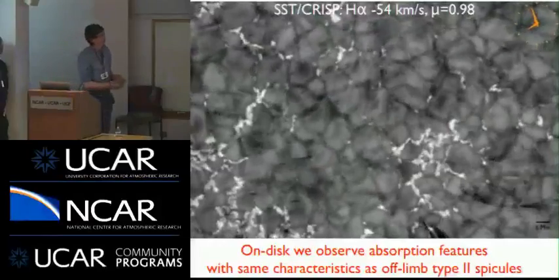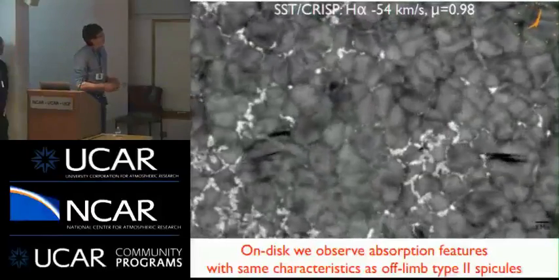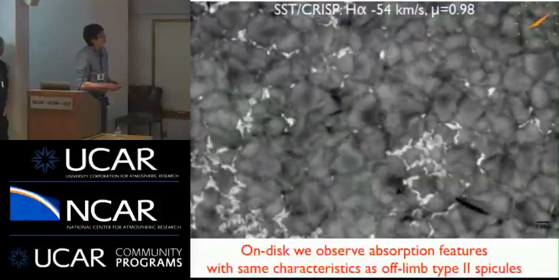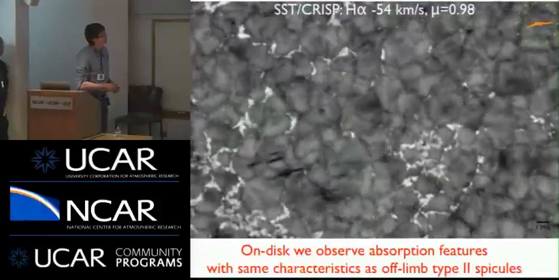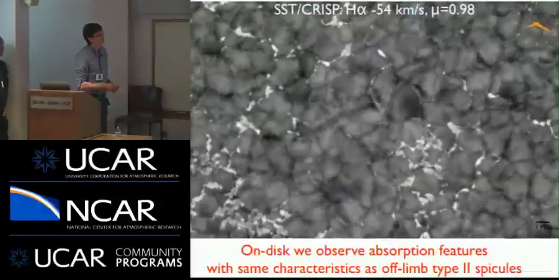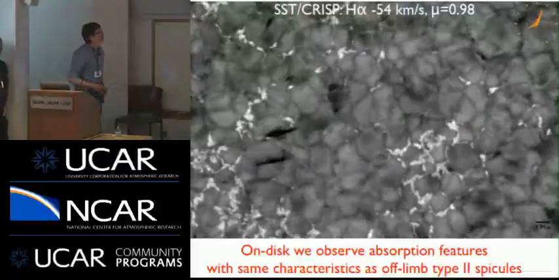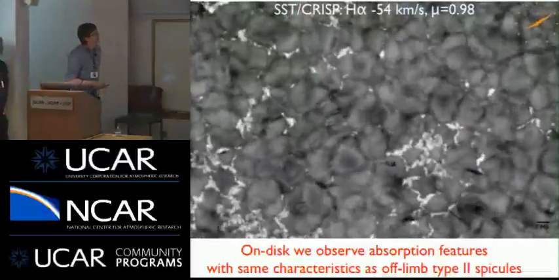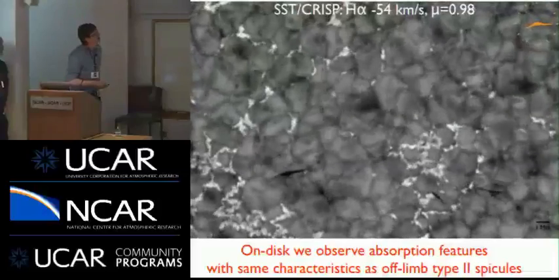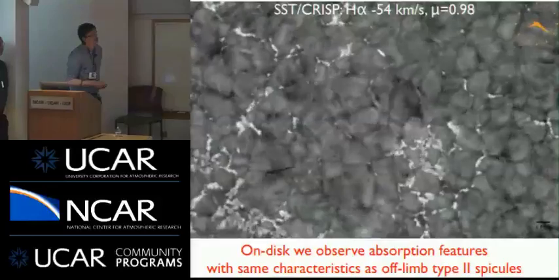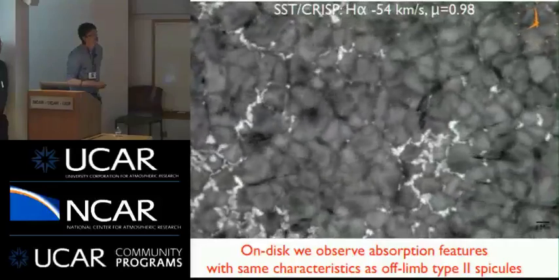You can kind of sense that they come from this region, but it's hard to connect it to this bright point or that bright point. So in that sense, there is a gap between the bright points and what we can observe in H alpha and calcium 8542.